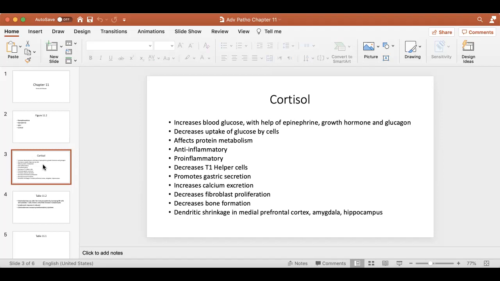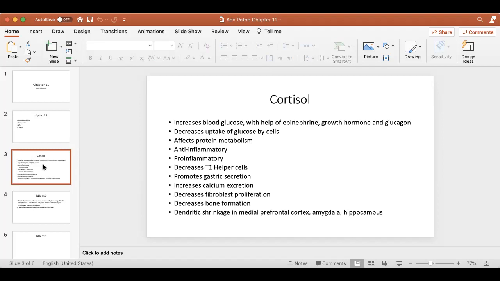And then there's a dendritic shrinkage in the medial prefrontal cortex, the amygdala and hippocampus. So a lot of this is the learning and memory centers, as well as centers for controlling impulsive behavior, helping with abstract thinking and organizational processes. So those get affected as well.